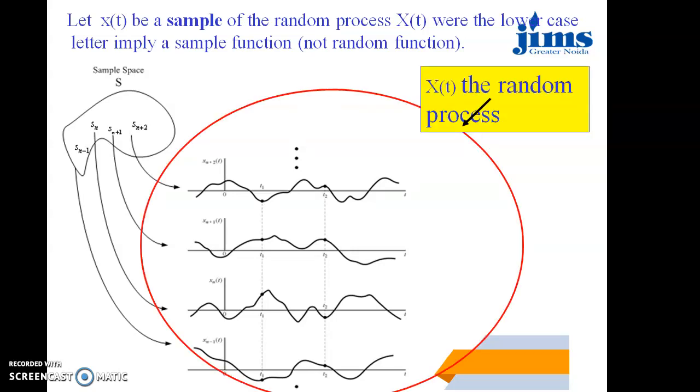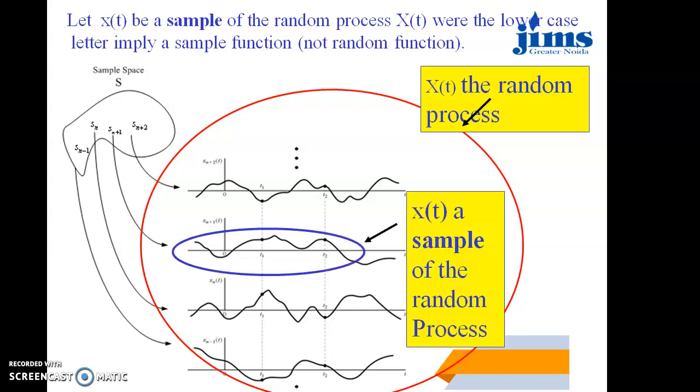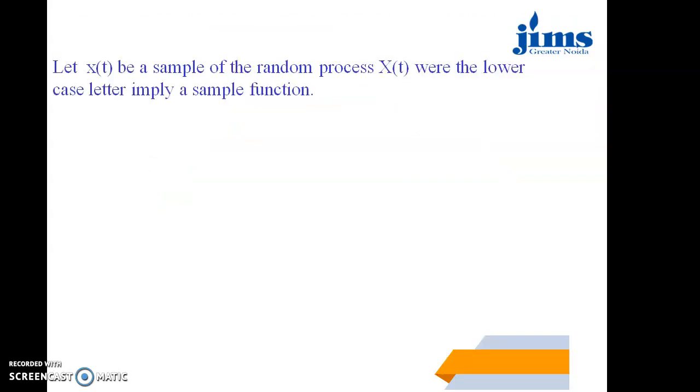Here capital X(t) is the random process overall, and small x(t) is the sample of that random process.